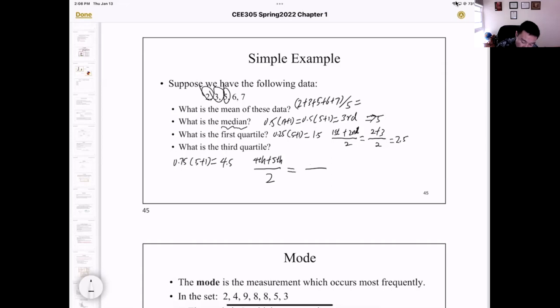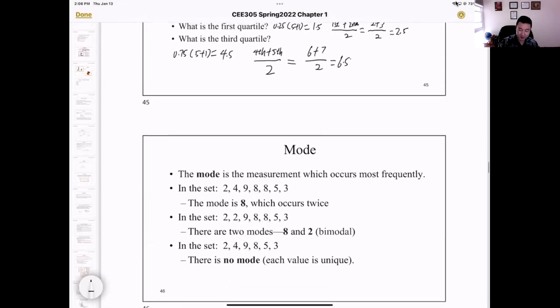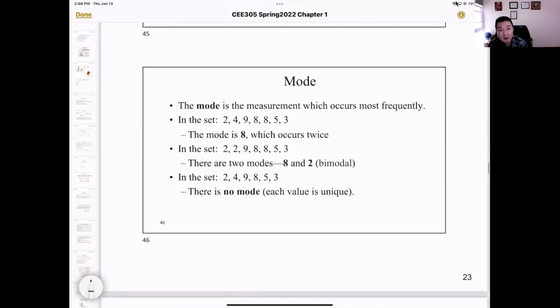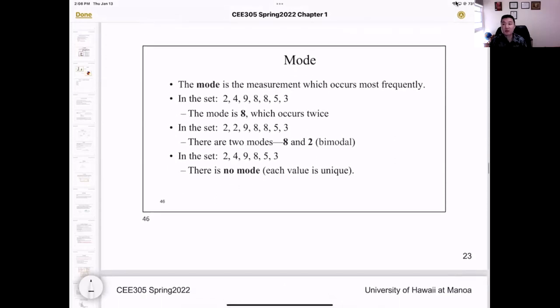Fourth is 6, fifth is 7, divided by 2. That's the third quartile. So that's a simple calculation for the median and quartiles. Any questions before we move on?